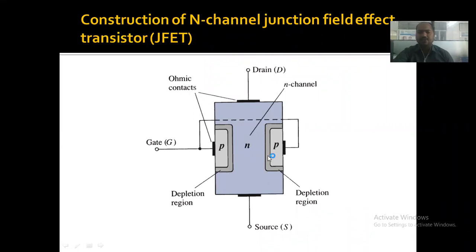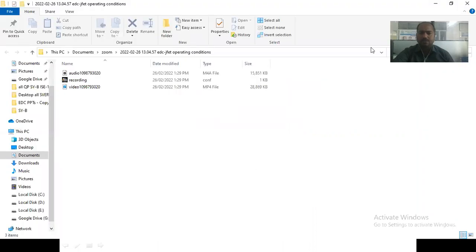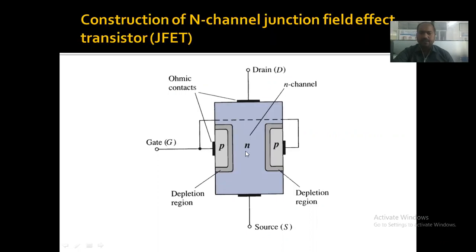Why is that? When we are not applying any voltage, that is, zero voltage, the depletion region is small. So the area available for electrons traveling from the source to the drain is maximum.